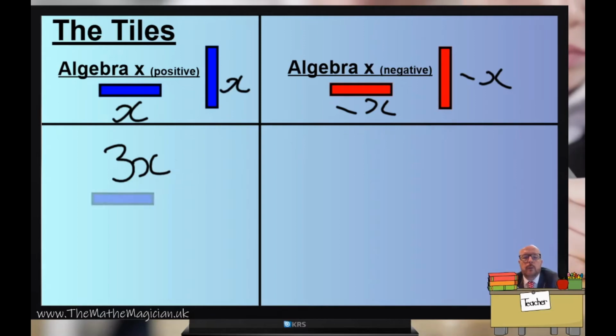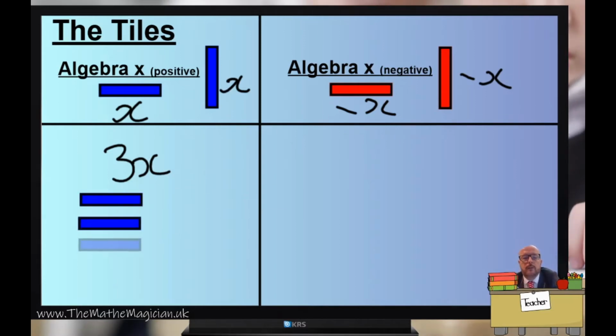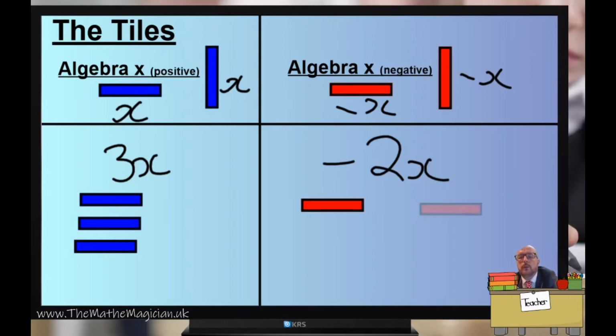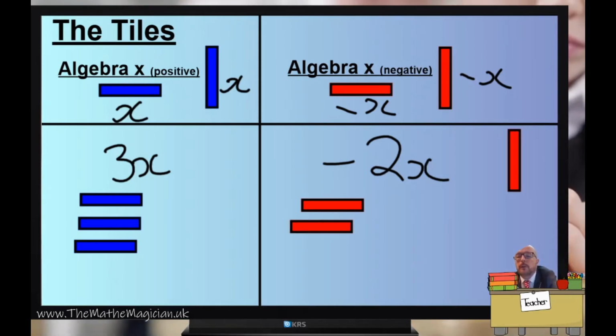I bring in 1, 2, 3 x's. Think about then what I'd do if I wanted to show negative 2x. Hopefully you've said I'll bring in 1, 2 red x's. And I could have brought in the ones going this way instead. Still 2 x's.